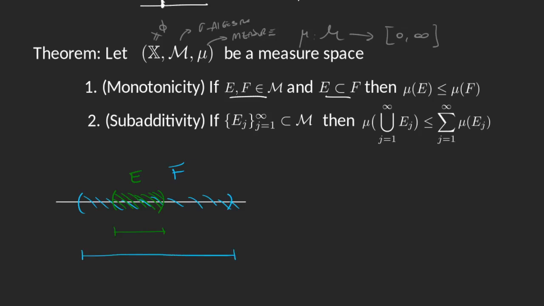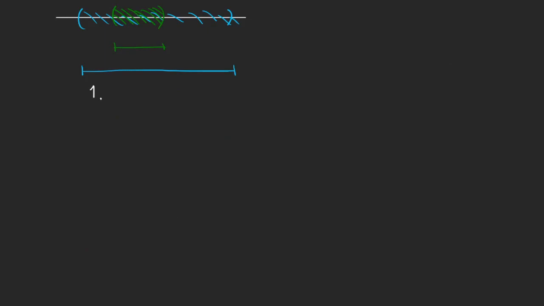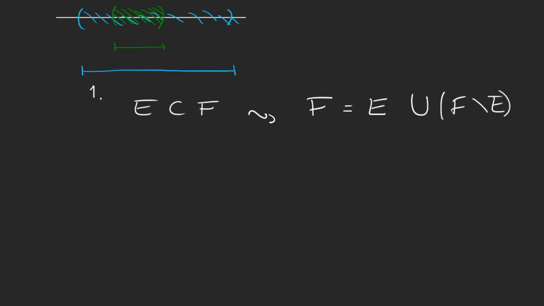Let's start proving this. So we're going to prove property number 1. Now, as we said, E is contained in F. So what this is telling us is that we can actually write F as E union F minus E. So let's remember what F minus E is with a Venn diagram.